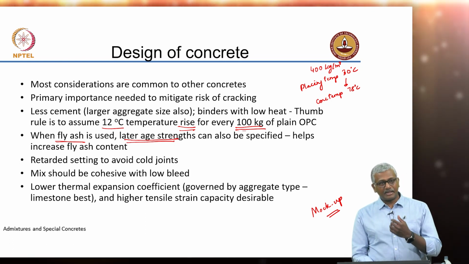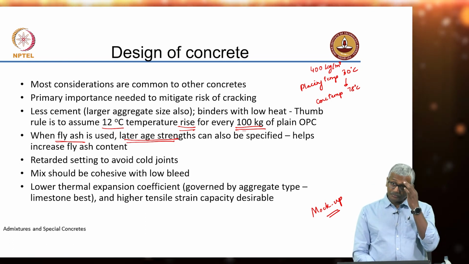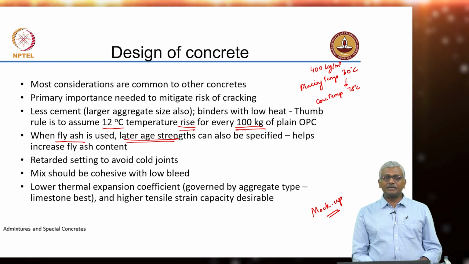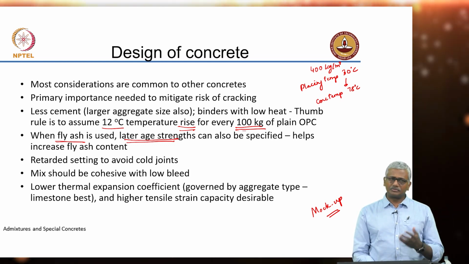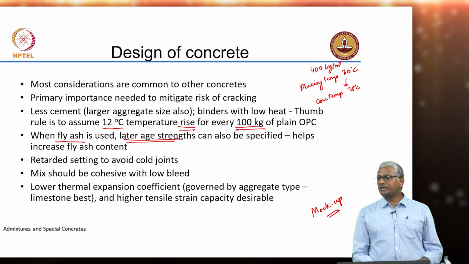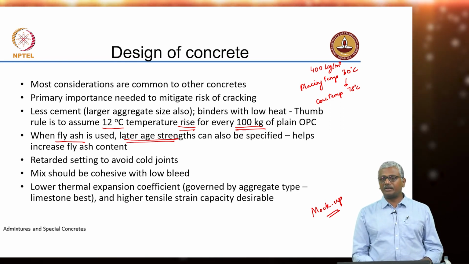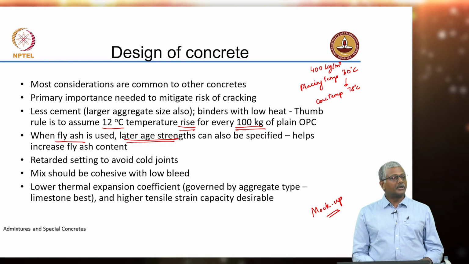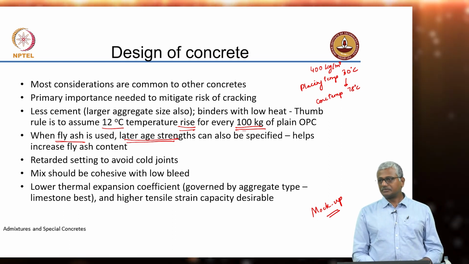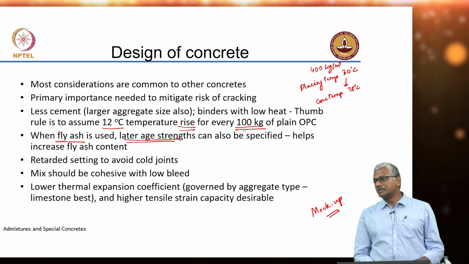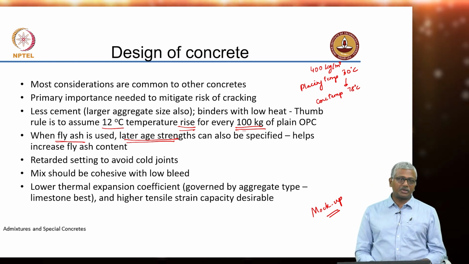No, see again, we are still thinking about OPC, right? OPC concrete will reach almost its potential strength, or at least 90 to 95% of its potential strength, at 28 days. But concrete with blended cements, especially those blended with fly ash, will take much longer to reach their potential strengths.